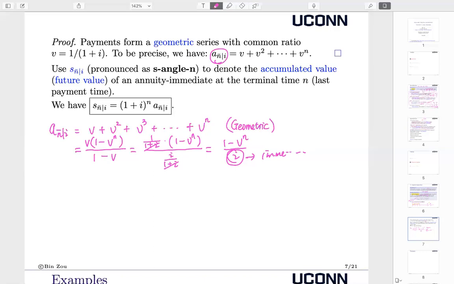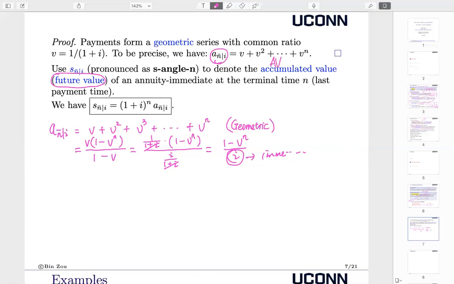What if you want to know the accumulated value? You may hear me use future value. In my terminology, they mean the same thing. The textbook is more likely to use accumulated value because that is AV.